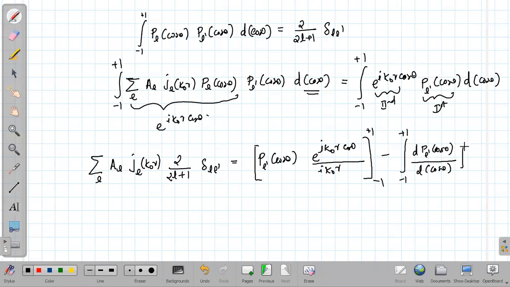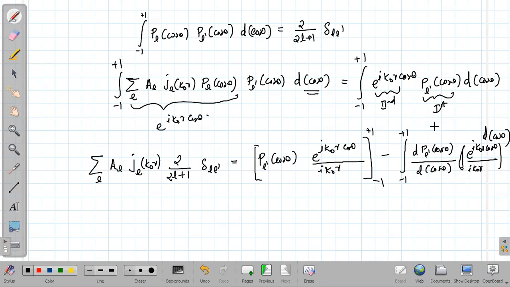If you integrate this again, what you will get is e raised to I k0 r cos theta divided by I k0 r, then d of cos theta.